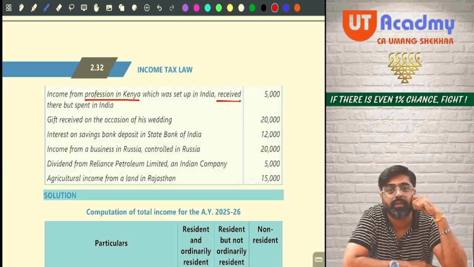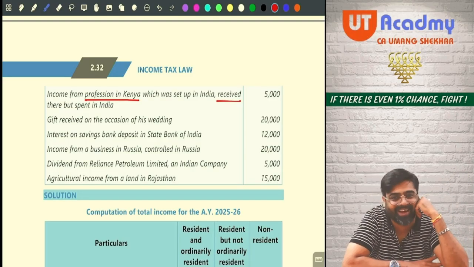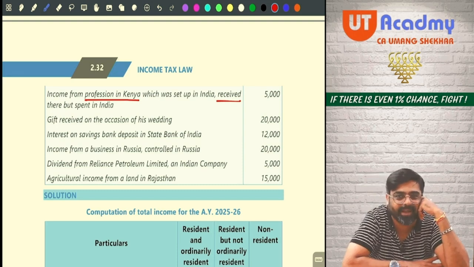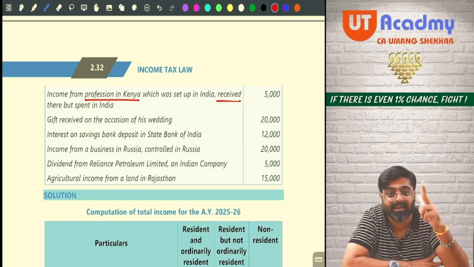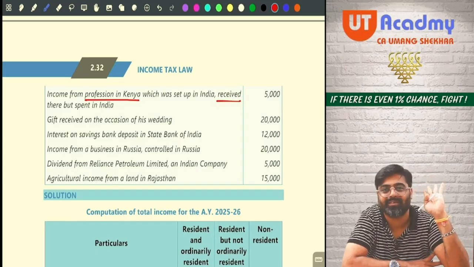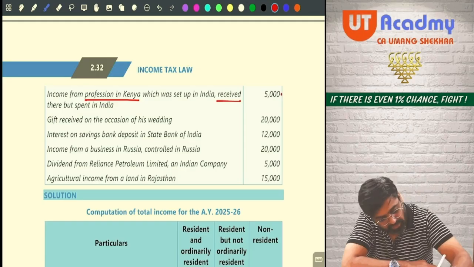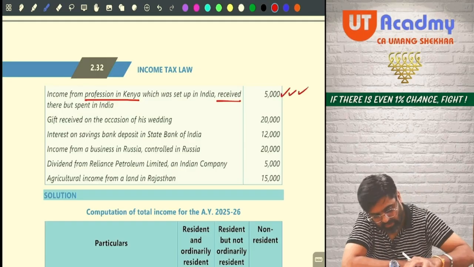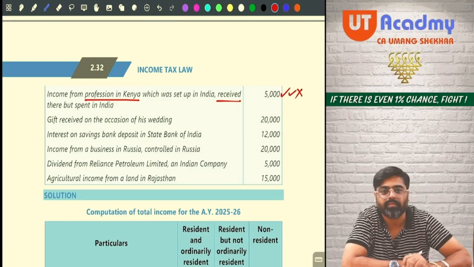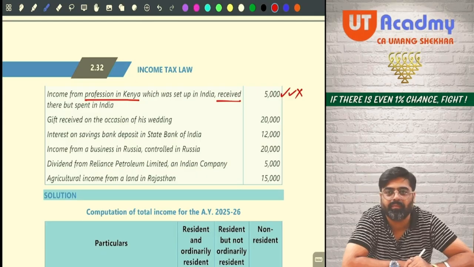But that profession was set up in India. So can I say this is part A, foreign income? Tick, tick, cross. Understood? Done, everyone?